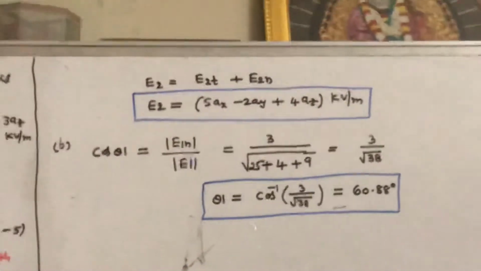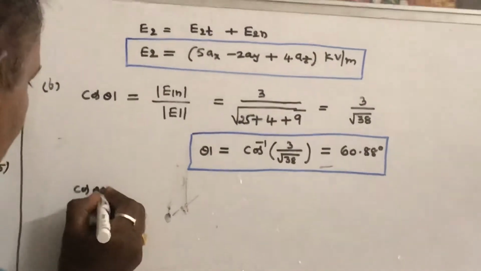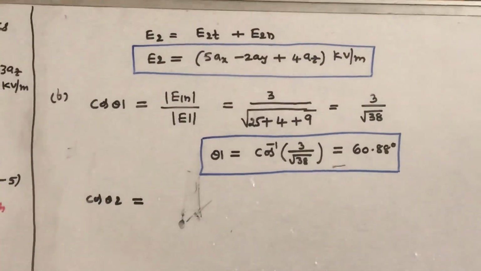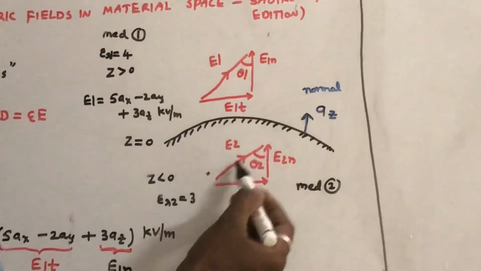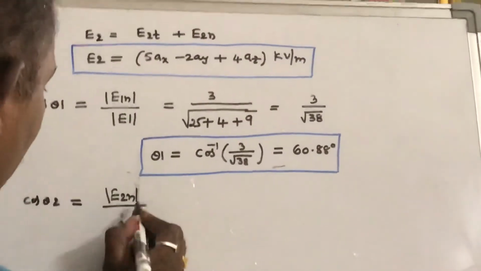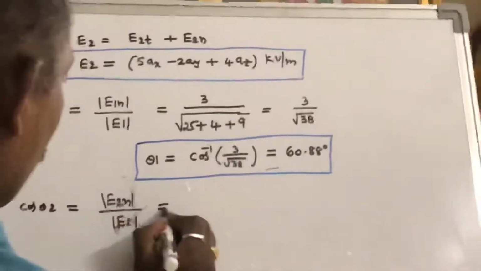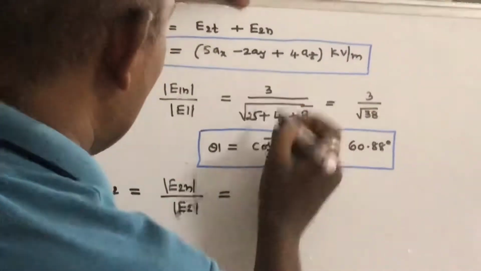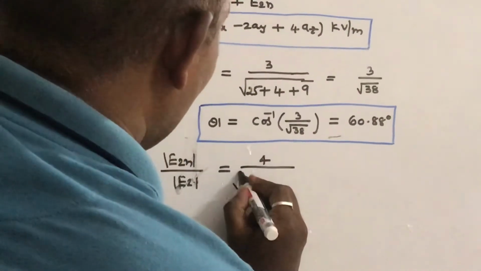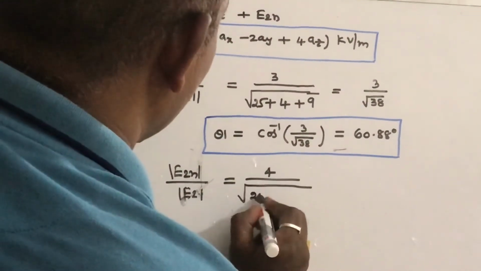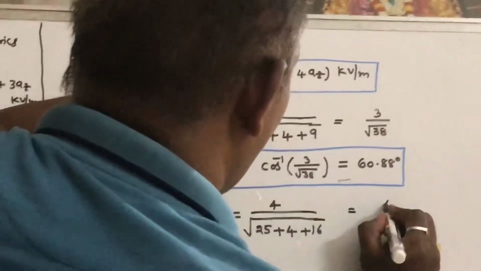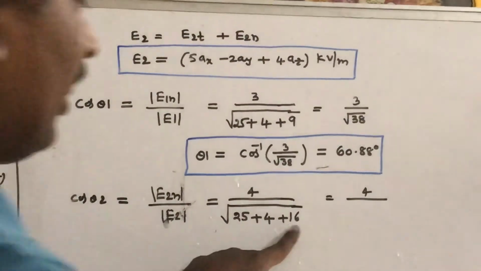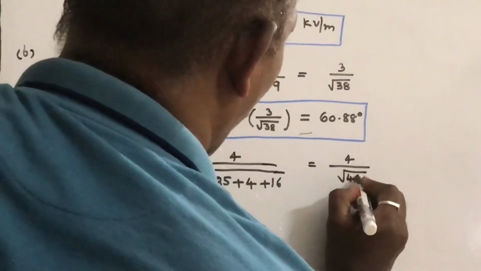Similarly, what is cos theta 2 from the diagram? Cos theta 2 is E2n by E2. Write the same formula: the E2n magnitude by the E2 vector magnitude. What is E2n here? E2n is 4az, so the magnitude is 4, divided by the E2 magnitude, which is root of 25 plus 4 plus 16, that is root 45.